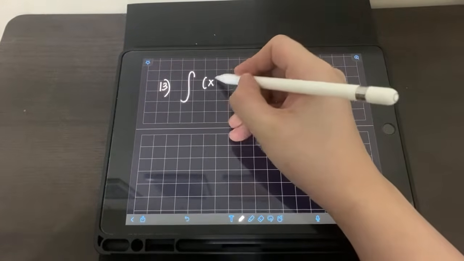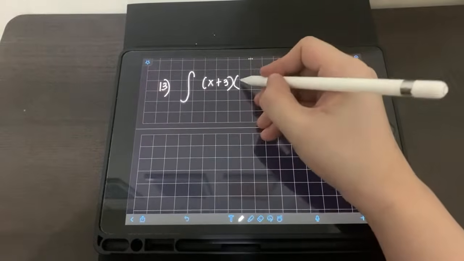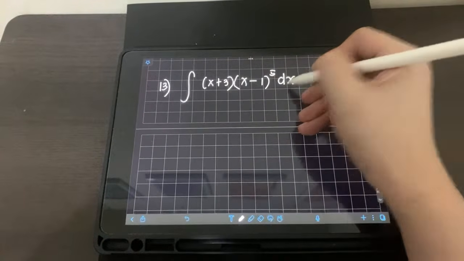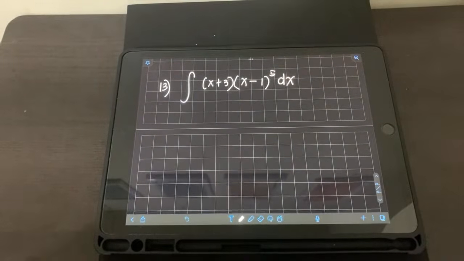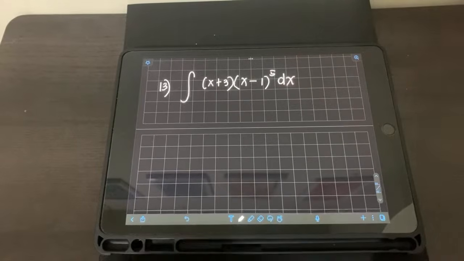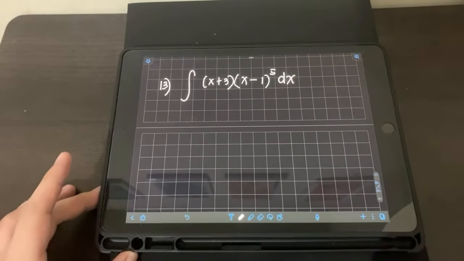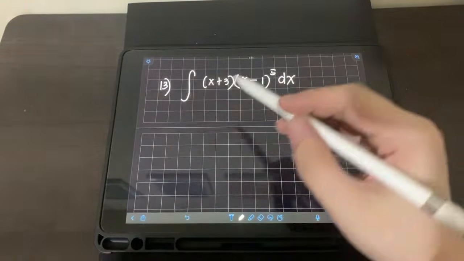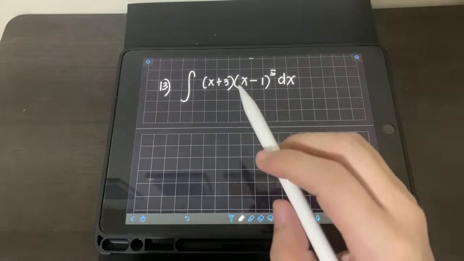Integral of x plus 3 times x minus 1 to the 5th dx. So how can we evaluate this? So obviously, apply u-substitution, right?